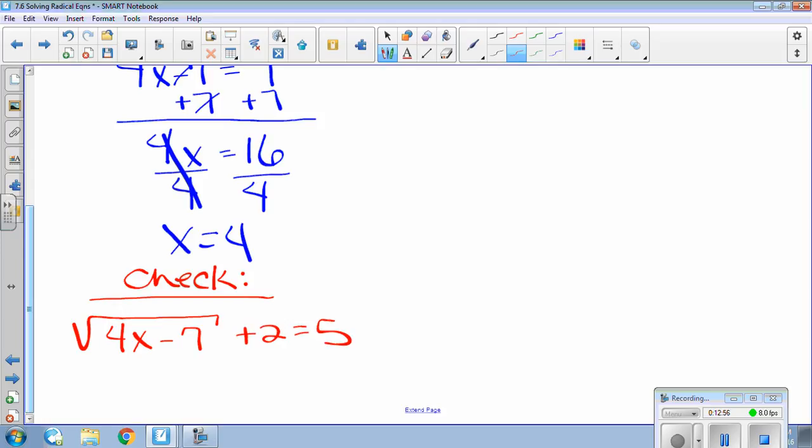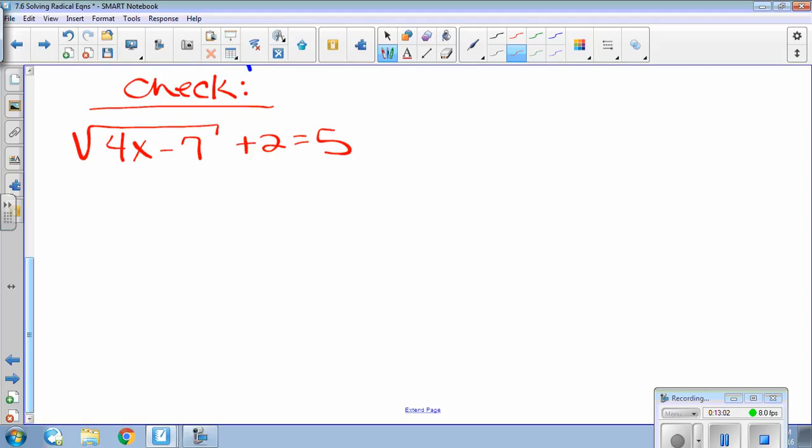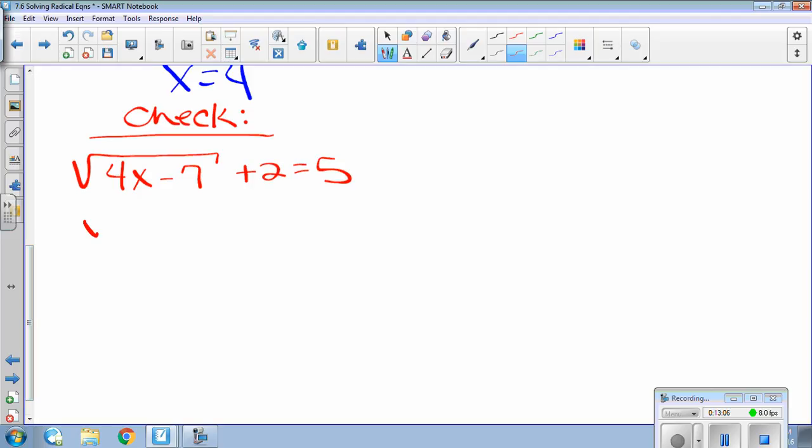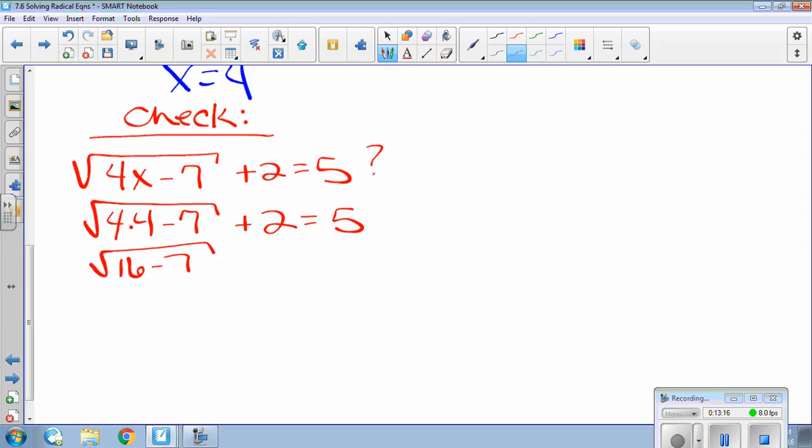Let's see if that does in fact equal 5. So we have to plug in 4. So the square root of 4 times 4 minus 7, plus 2, does that equal 5? We're checking to see.